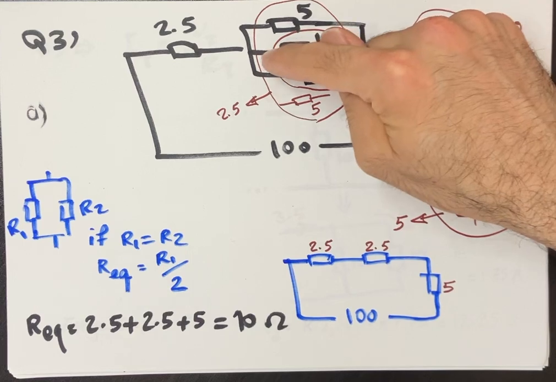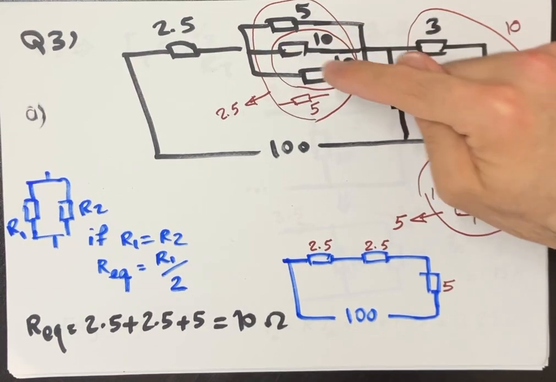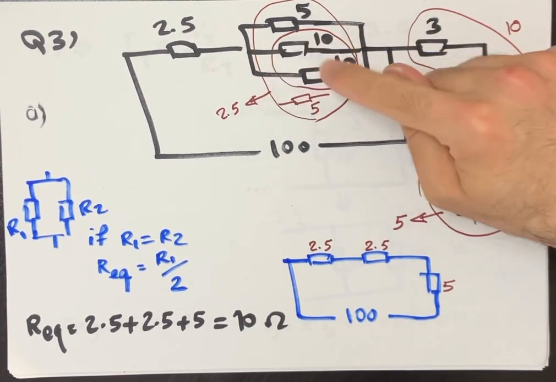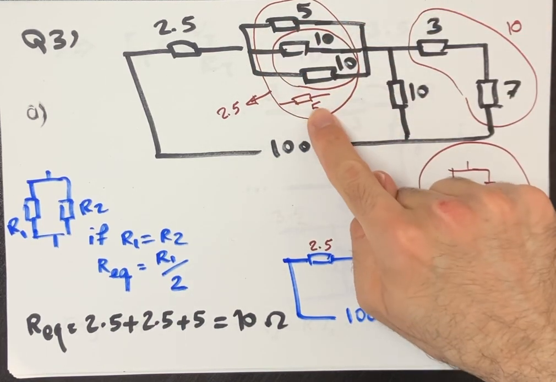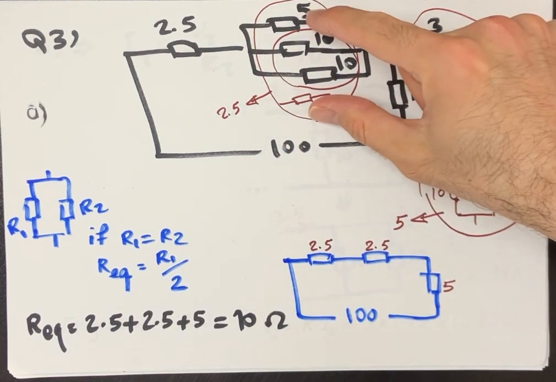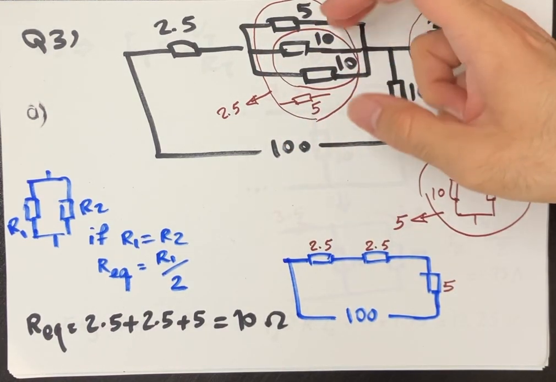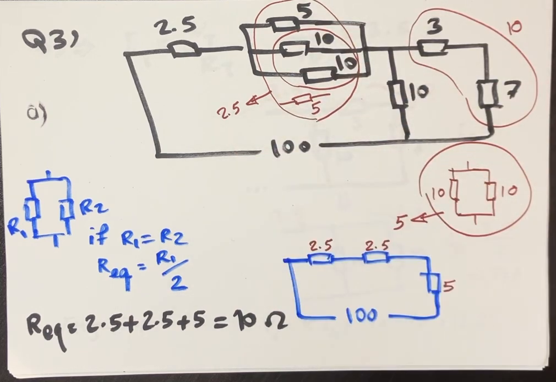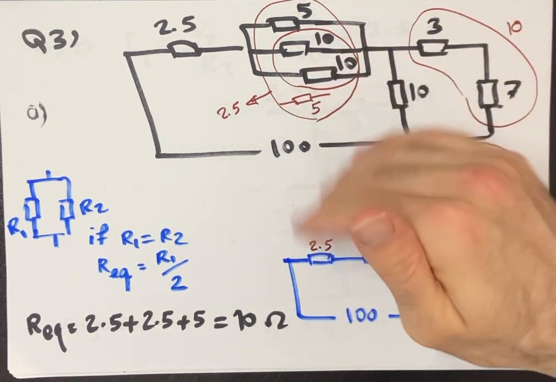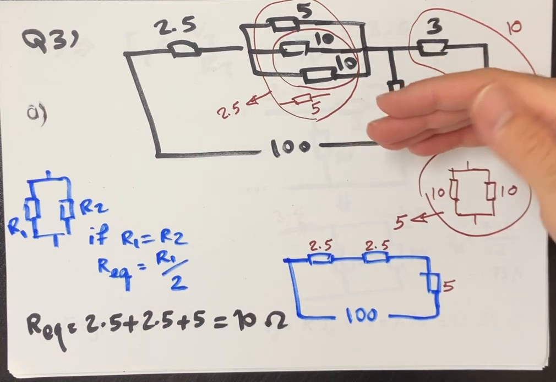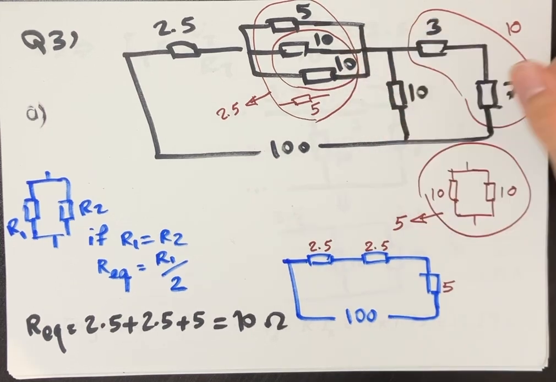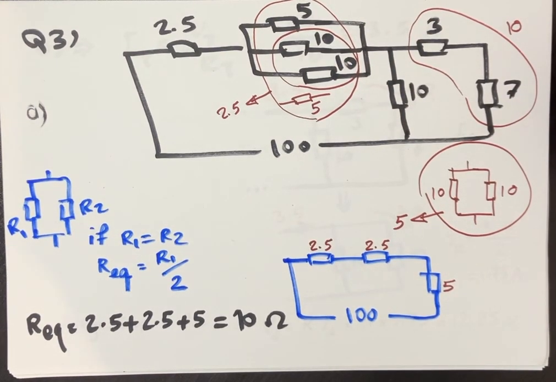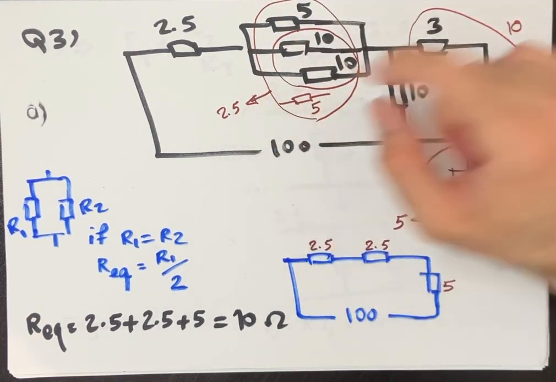So I take these two 10, 10, they are parallel. The equivalent one is just 5. Then 5, 5, they are parallel as well, and the equivalent one is just half of them, which is 2.5. Again, this is easy to halve because they're equal. If not, you can multiply them and then divide by the sum, the exceptional formulation for two parallel resistors. Anyway, this is replaced with 2.5 ohm.